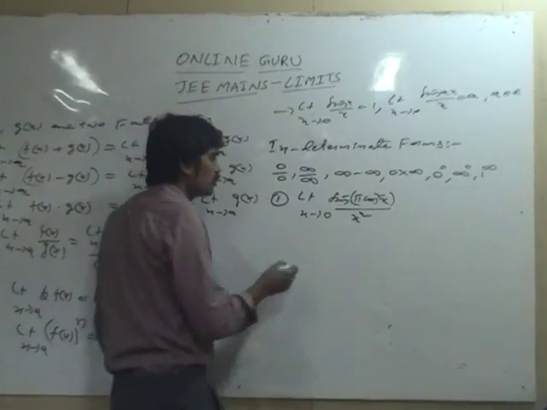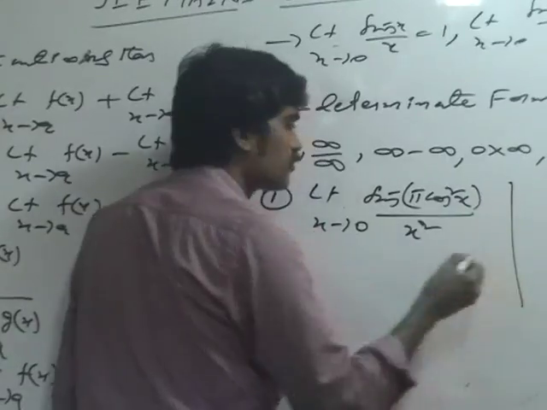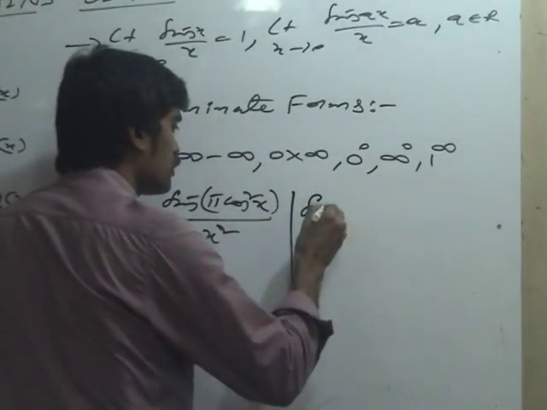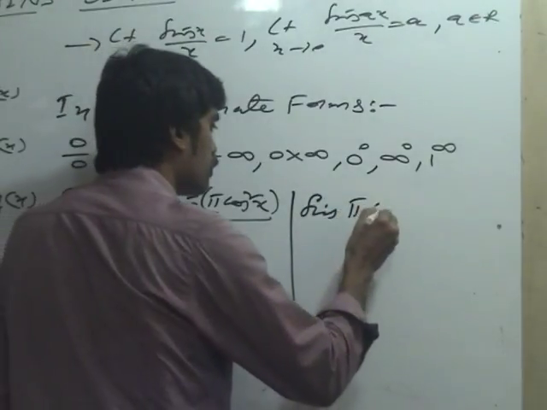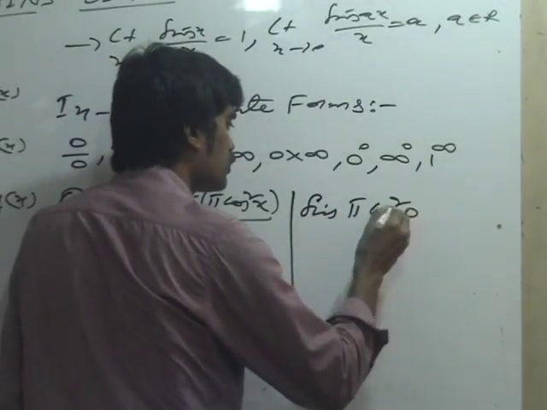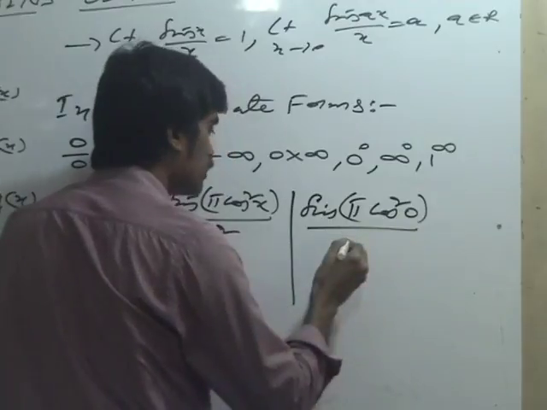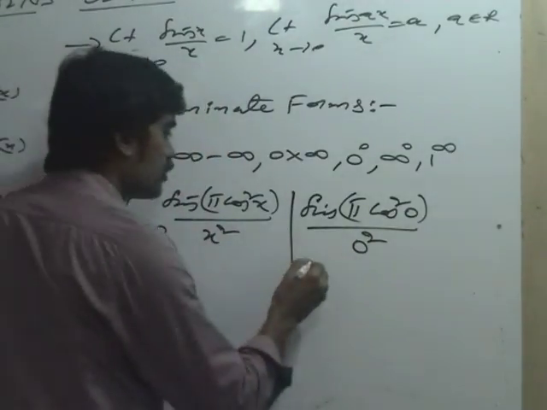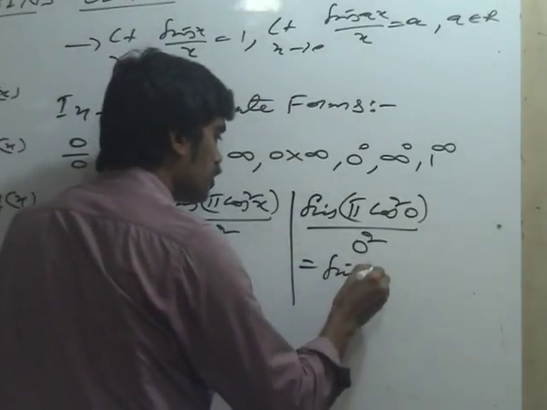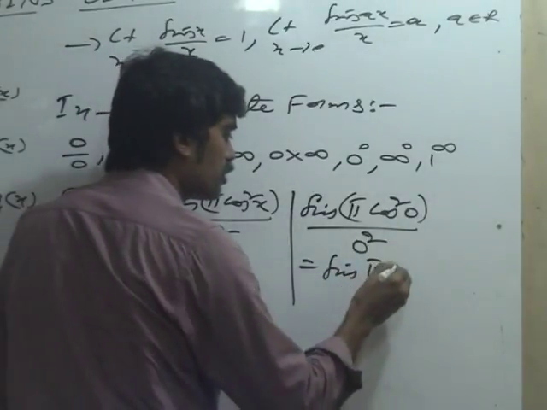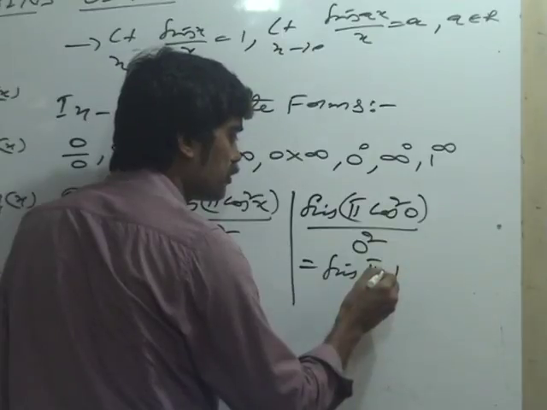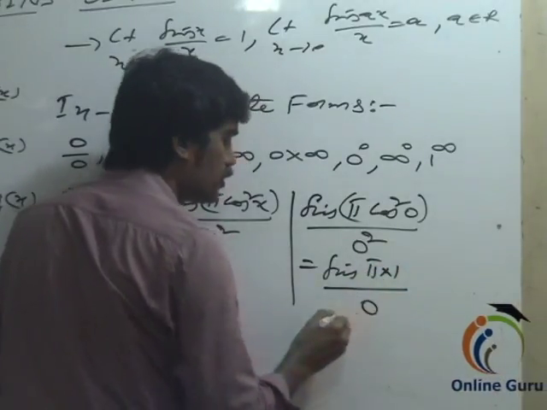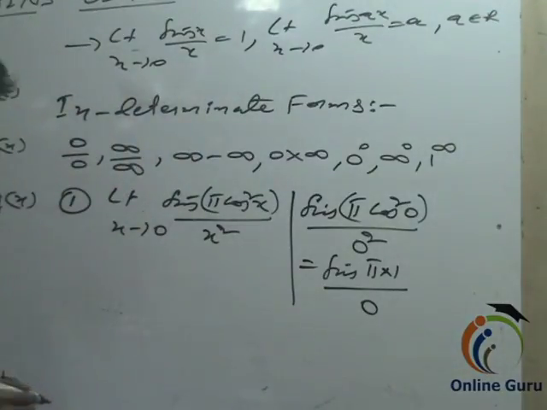If you substitute the limit in this function, you get sine of pi into cos square 0 divided by 0 square. This equals sine of pi into cos 0, which is 1, 1 square is 1, so pi into 1 divided by 0 square, which is 0.